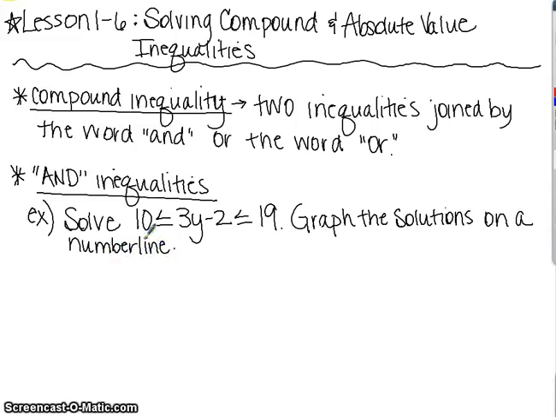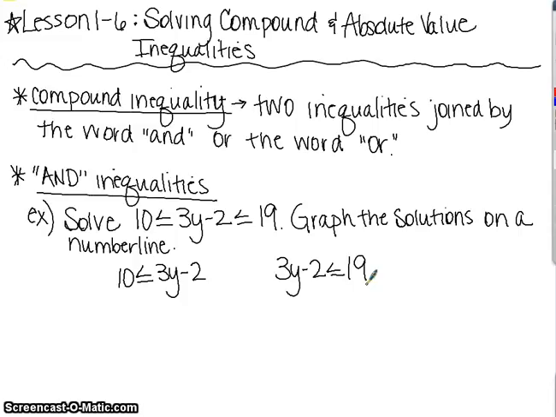Now for purposes of solving, you can certainly break up the inequality. I'm going to break it up with the left side, 10 less than or equal to 3y minus 2, and then the right side, 3y minus 2 less than or equal to 19.